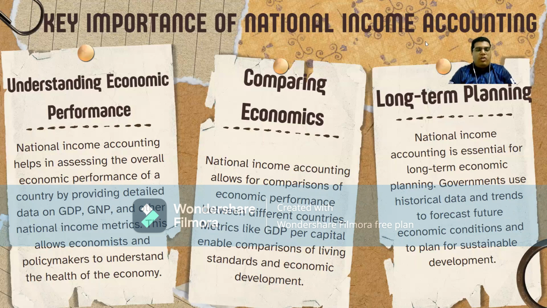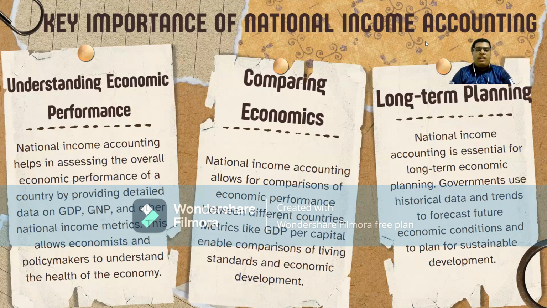Understanding economic performance: national income accounting helps in assessing the overall economic performance of a country by providing detailed data on GDP, GNP, and other national income metrics. This allows economists and policy makers to understand the health of the economy.